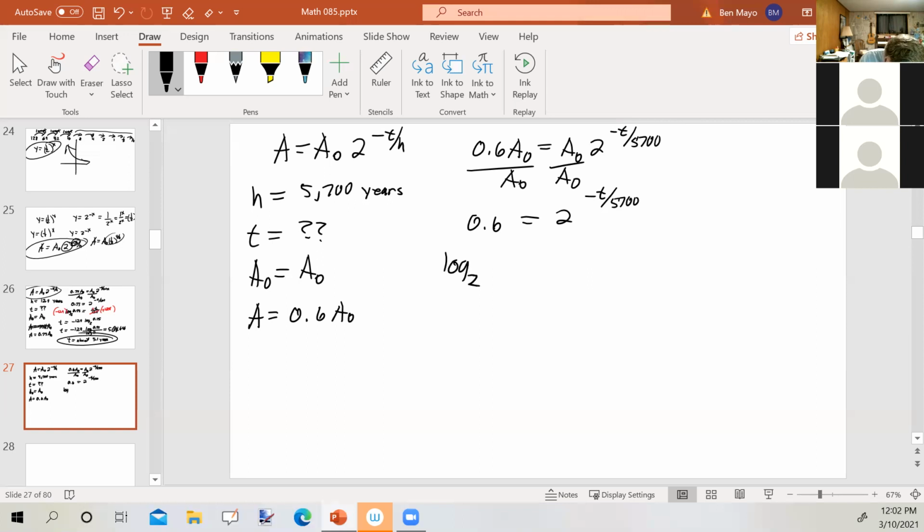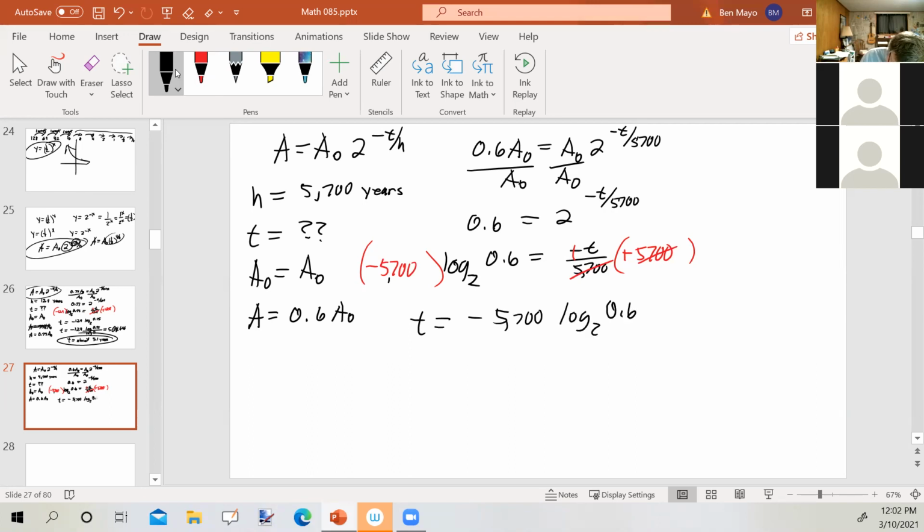Log base 2 of 0.6 equals negative t over 5,700. I'm going to multiply both sides by negative 5,700. So that'll get rid of my 5,700 and my negative. So I've got t equals negative 5,700 log base 2 of 0.6.